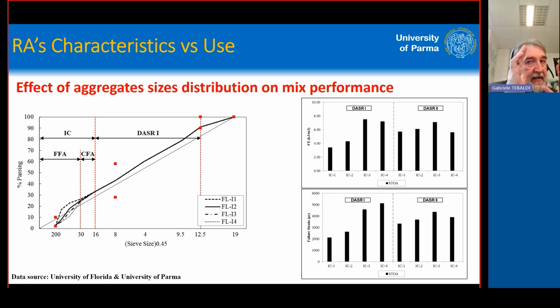Interstitial component is the name used for the fine part if you use the Bailey method for the definition of the size distribution. So basically it is what for us is filler, sand, and small aggregate.